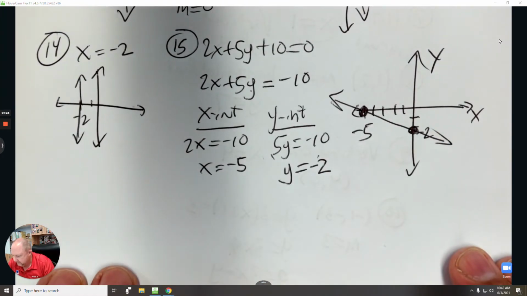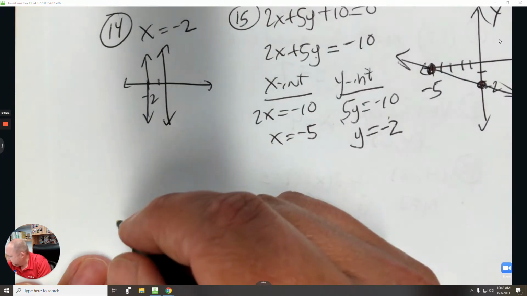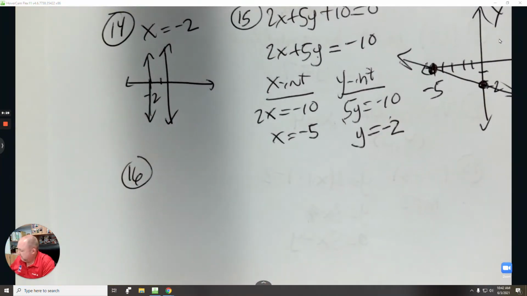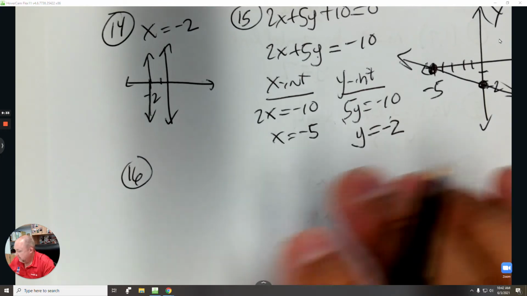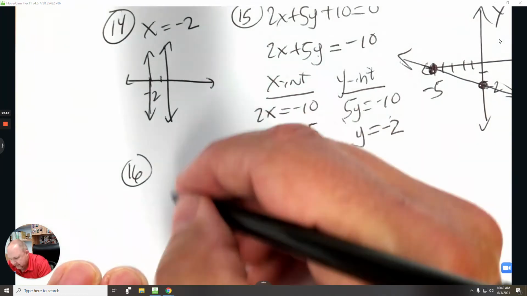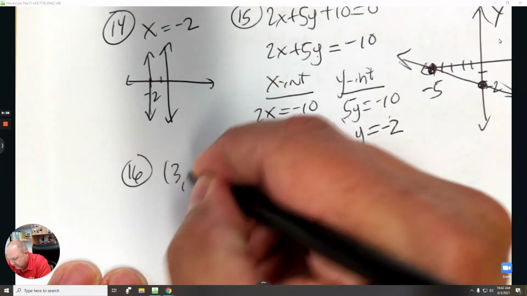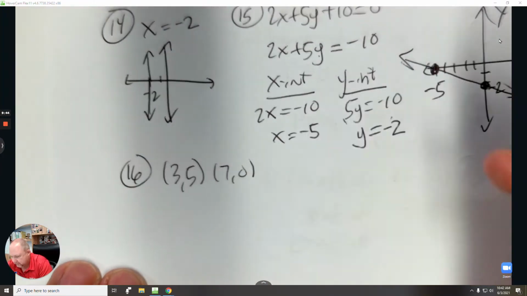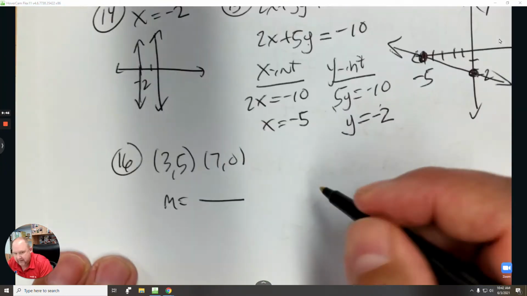Number 16. Determine if those points are collinear. So if they're collinear, that means they're on the same line. If those points are collinear, that means the slope has to be the same between them. So if I take 2 points, (3, 5) and (7, 0), again, that means all 3 points would be on the same line. The slopes would have to be the same here.